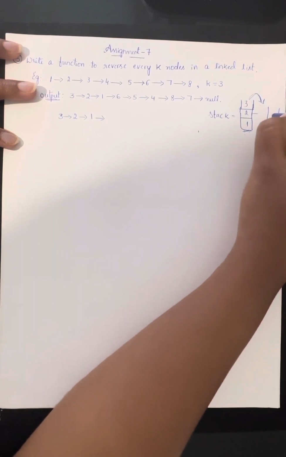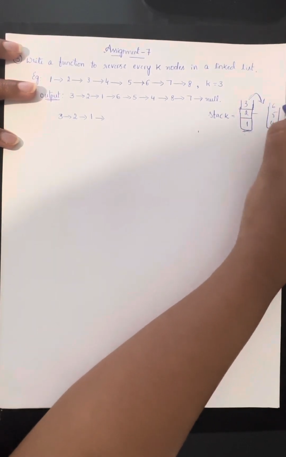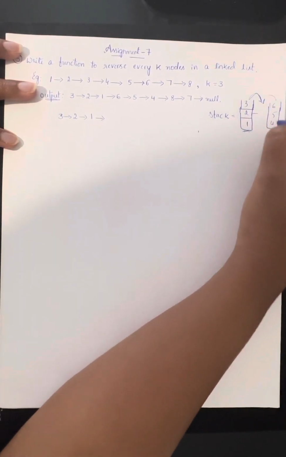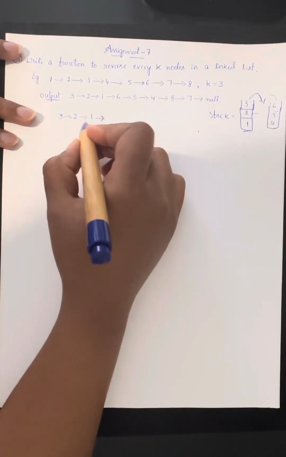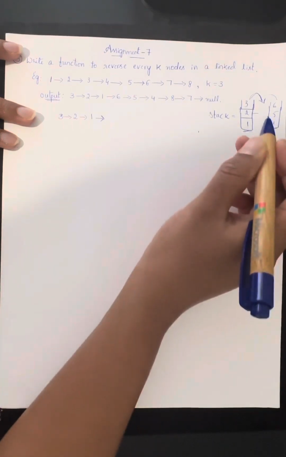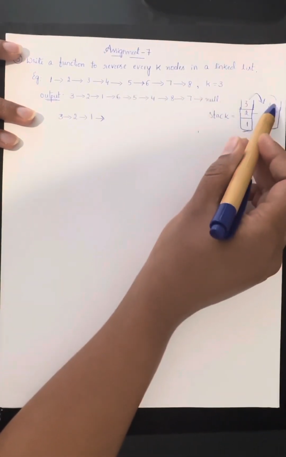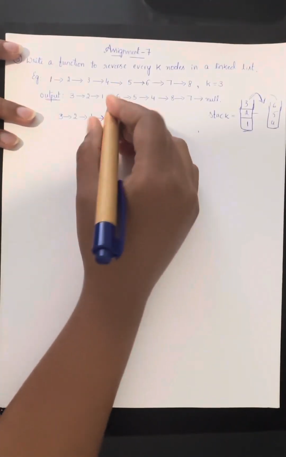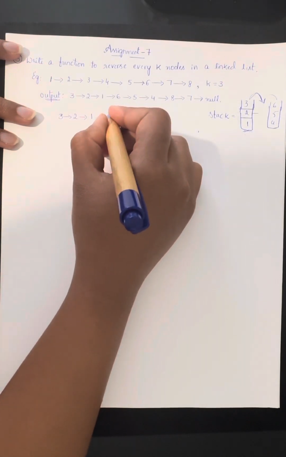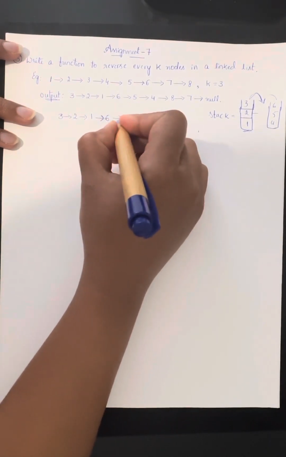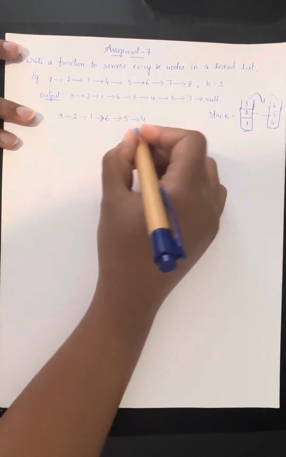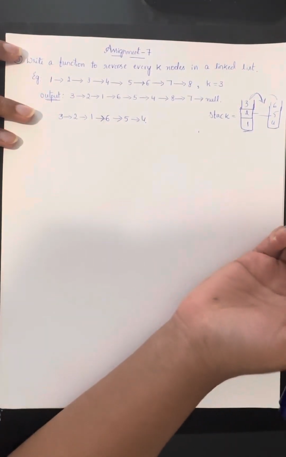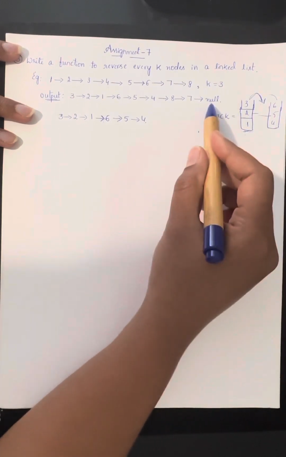So I'll push 4, 5, and then 6, and then I'll pop each of them, making the new list next to the node that is popped out of the stack. So this becomes 6, and then 5 gets popped out, and then 4. This process continues until we reach null.